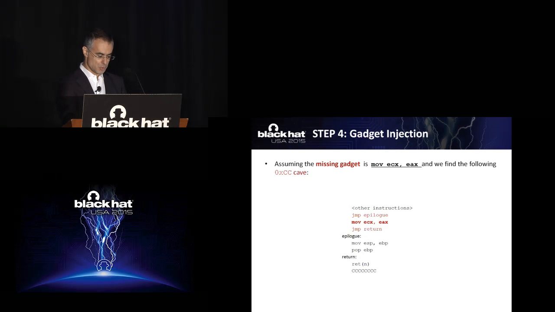So we insert the instructions in red. As you may notice, the cave is reduced, but without causing any alarm. So we have the normal flow of the program, and we also have the ROP flow of the program.